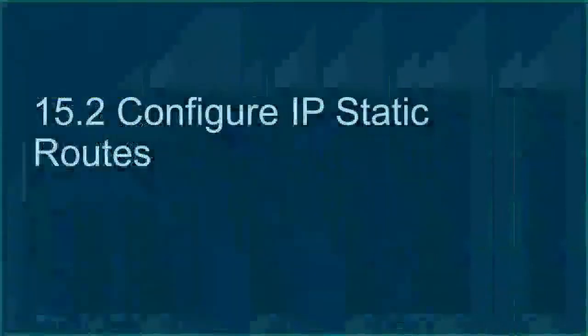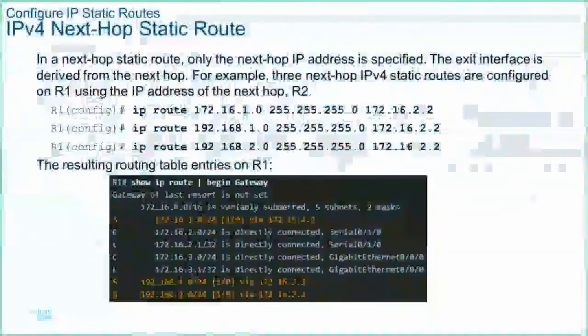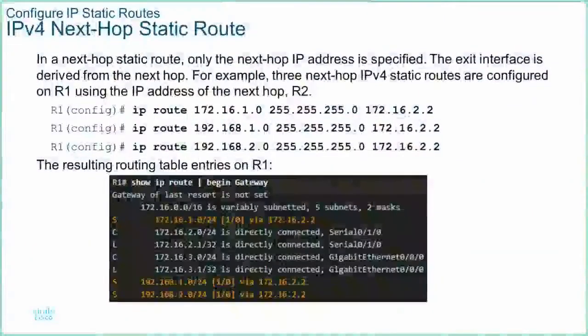So how do we make it so that the address can ping back? Well, what you have to do is to configure a static route on router 1 that points to all the other networks that we want to get to and get back from.